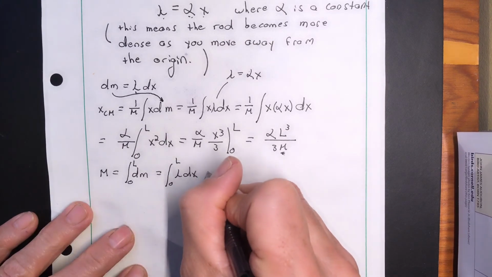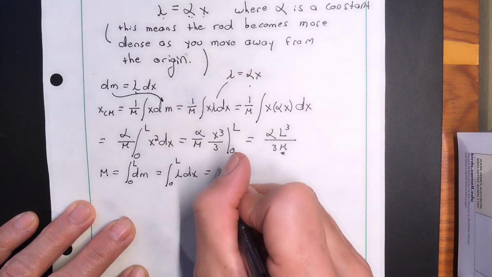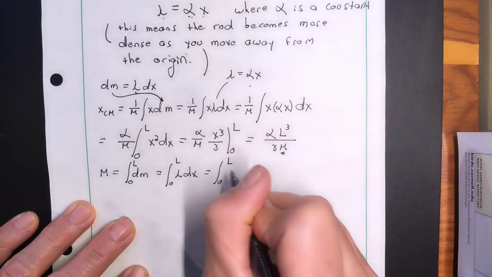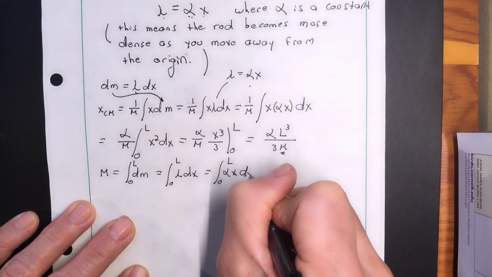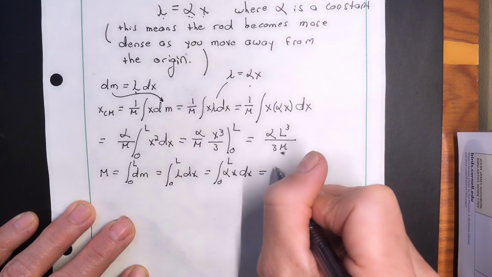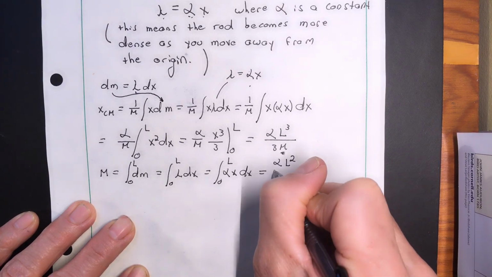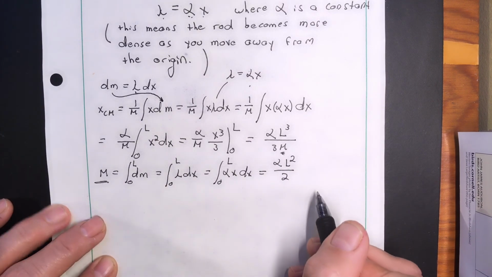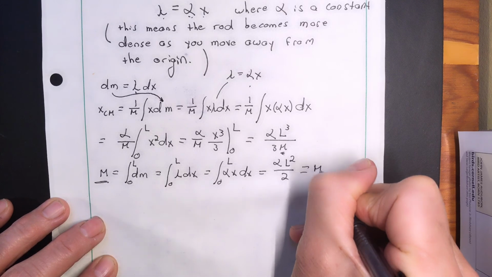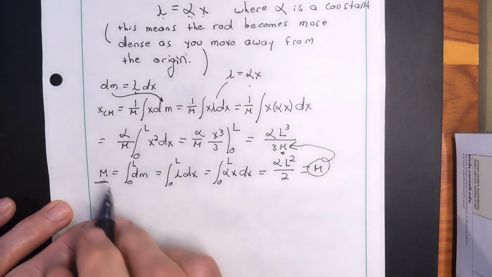All right, and remember that lambda equals alpha x, so the integral from 0 to L of alpha x dx. So when you do this out, you end up with alpha L squared over 2 for m. Okay, this equals m.